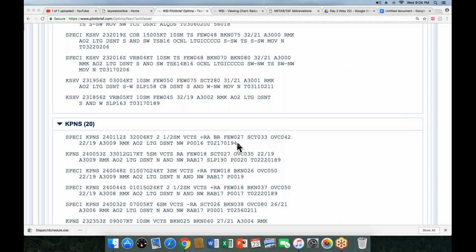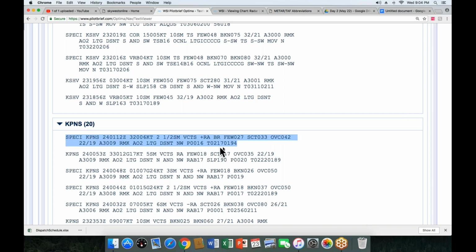So this is especially for Pensacola on the 24th at 0112 Zulu hours. The wind is traveling at 320 degrees at 6 knots. Let's see, 2.5.